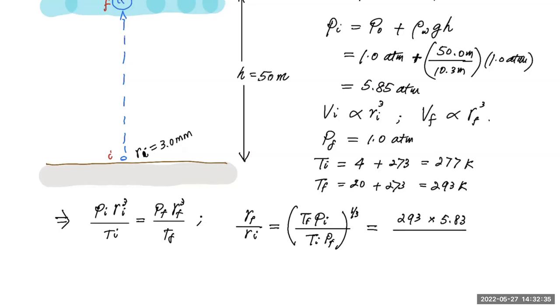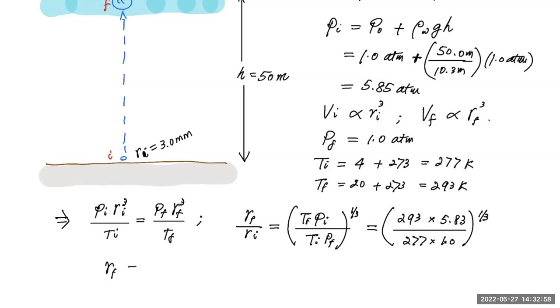I'm using ATM for both P initial and P final, so the units nicely cancel out. And then you have T initial, which is 277, and P final, which is 1.0 ATM. Everything raised to the power 1/3.